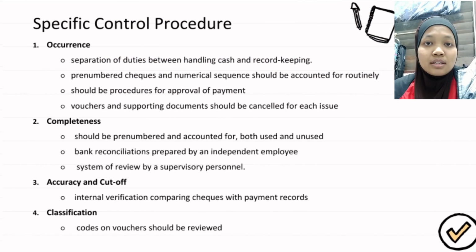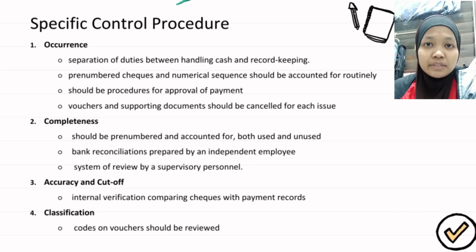We go to the next slide, which is specific control procedure. Under occurrence, handling cash and record keeping is a separation of duties, means dua benda ni merupakan dua tugasan yang berbeza. Pre-numbered checks and numerical sequence should be accounted for routinely, means kita rekodkan benda ni secara berkala, termasuklah cek yang belum dikeluarkan.